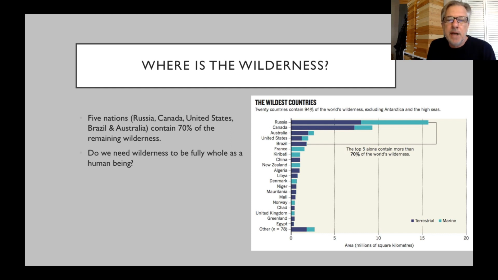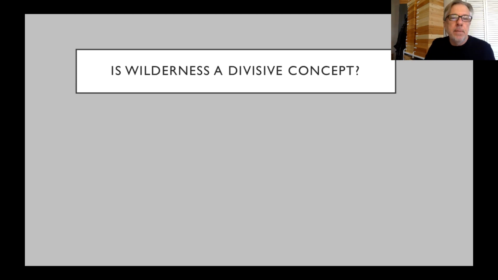There are several philosophers who have now come out and put forth an argument that says humans need wilderness to be fully whole as human beings. We evolved in the wilderness, and our psyche, our very nature, our well-being depends on the occurrence of wilderness and on our ability to access wilderness. I'll let you think about that and think if you think that's important.